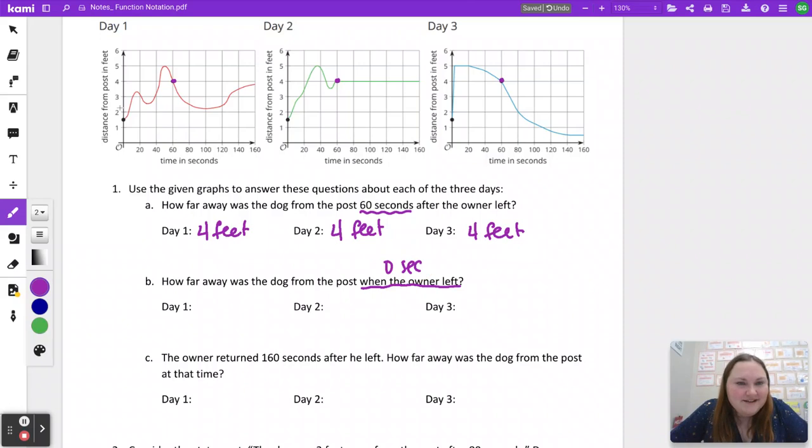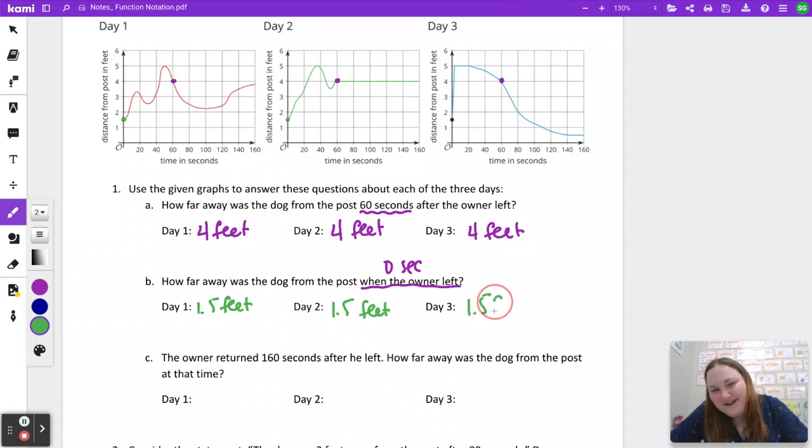Similar to part A, it's going to be the same point for each. At 0 seconds, my line starts right there between the 1 and the 2. That's going to be 1.5 feet. Same for the second one, between the 1 and the 2 at 1.5 feet. And also for day 3, 1.5 feet.